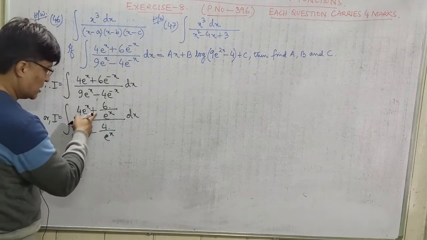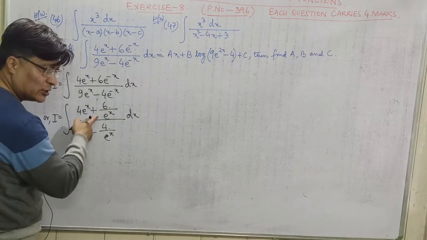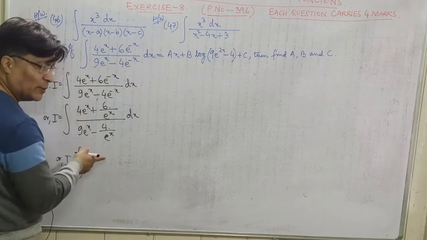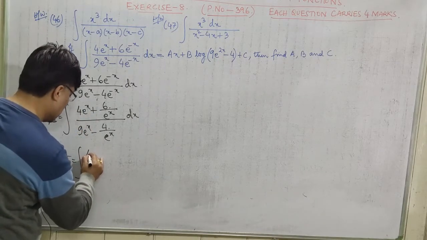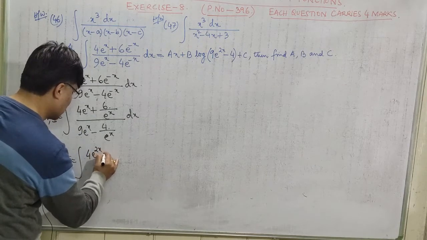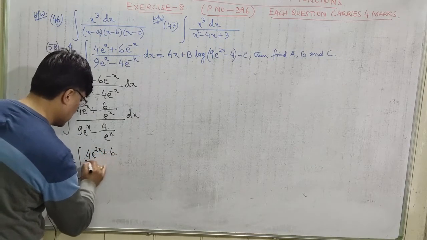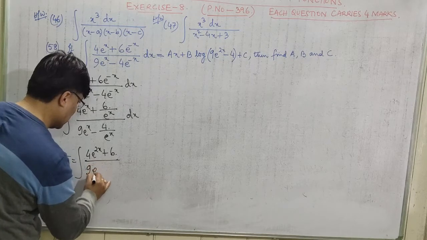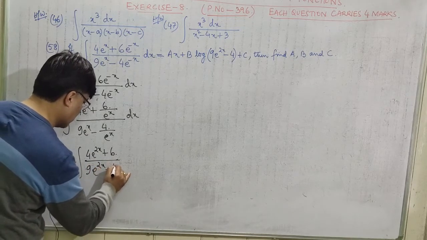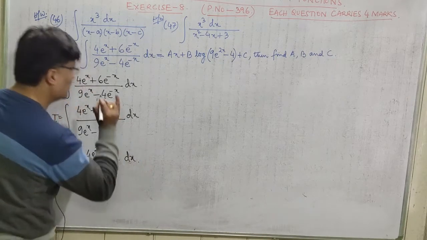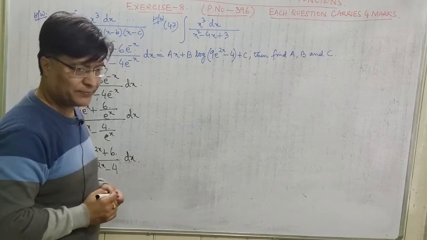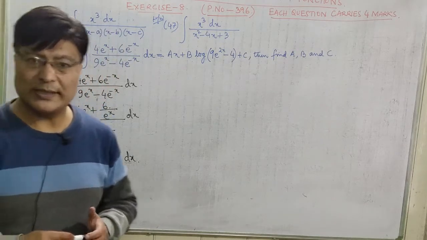What's the LCM in the numerator as well as in the denominator? It is e to the power x. That LCM will be cancelled. You will get 4 e to the power 2x plus 6 divided by 9 e to the power 2x minus 4. Then what do we write here? It is dx. So I think you have understood it.